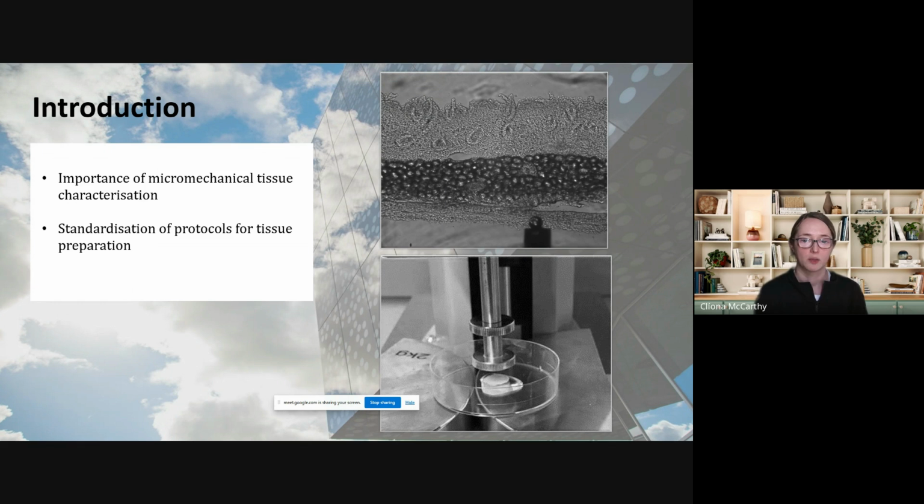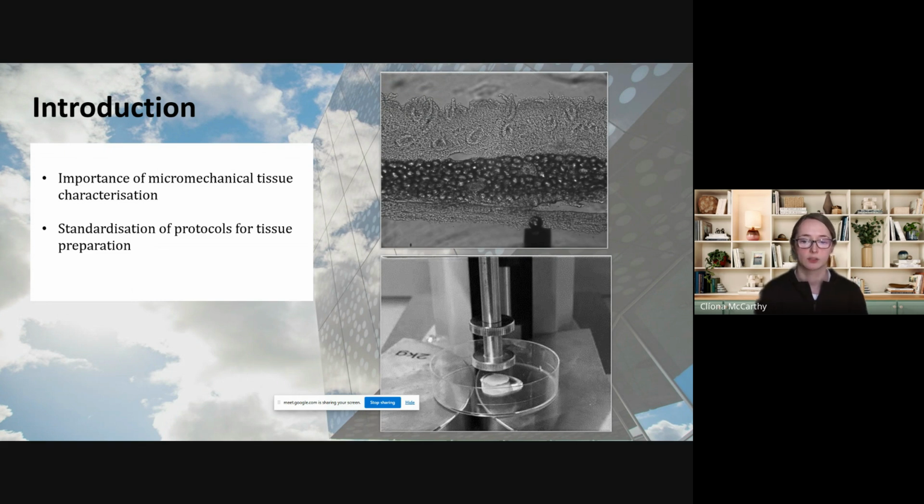However, before I could begin any of this micromechanical characterization, I noticed that for the preparation procedures for sectioning and preparing tissue for microindentation, there was a lack of standardization across all protocols.